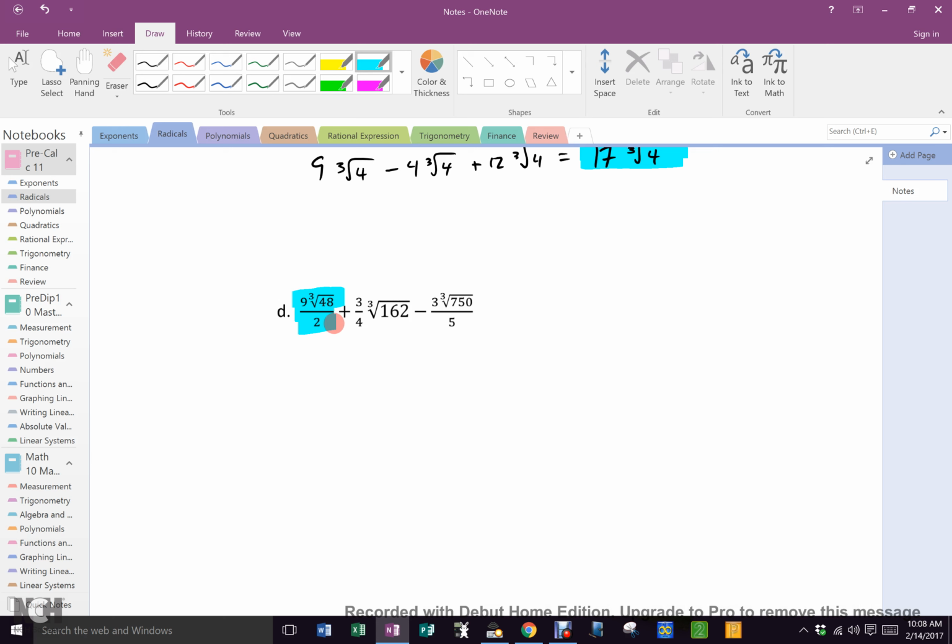Divide the 9 and 48 by 2. You can't do that because the 48's in a radical. But it's a good idea. You are going to do some simplifying of fractions because that's a fraction, isn't it? And you know how to deal with fractions. But before it's a fraction, it's got this radical in it, doesn't it? So what would you do to simplify that radical?